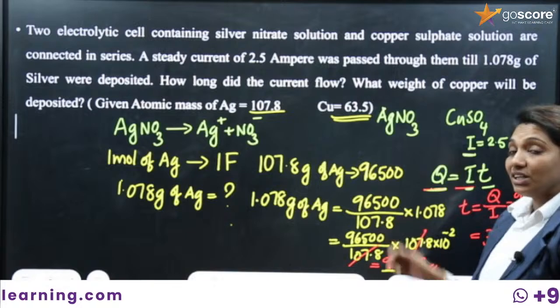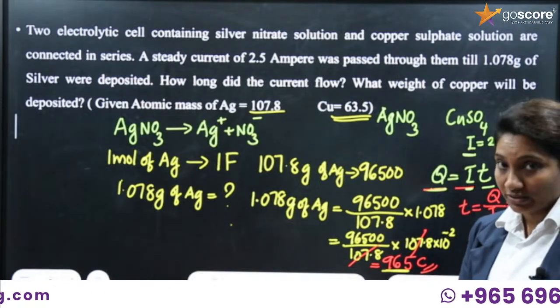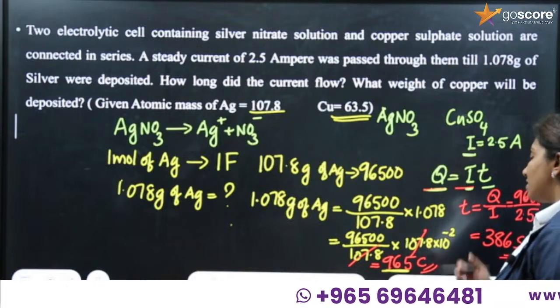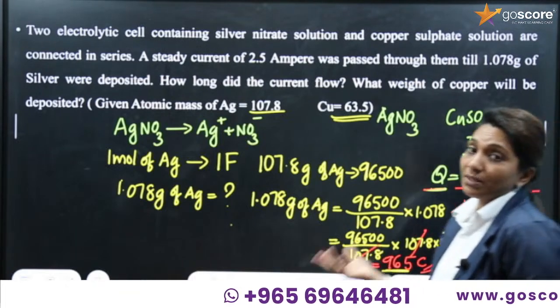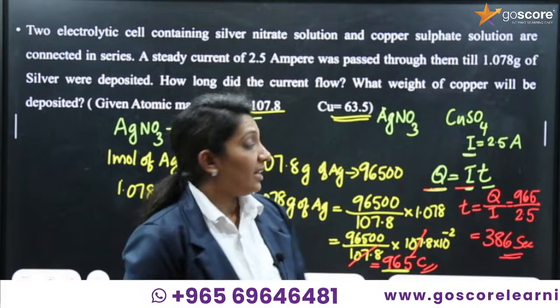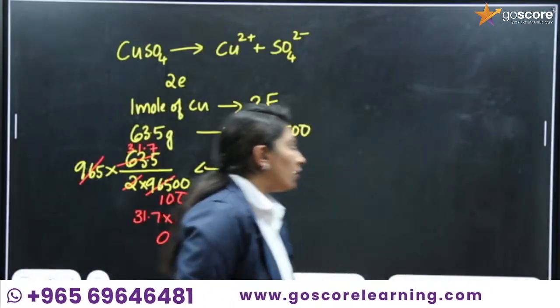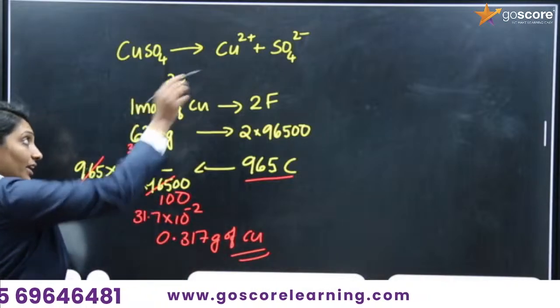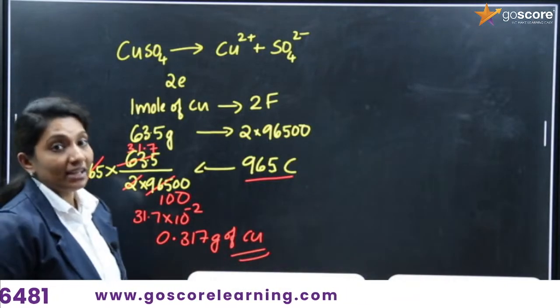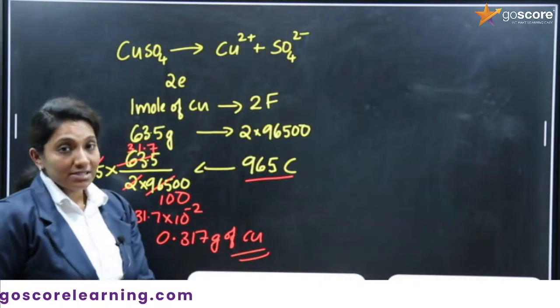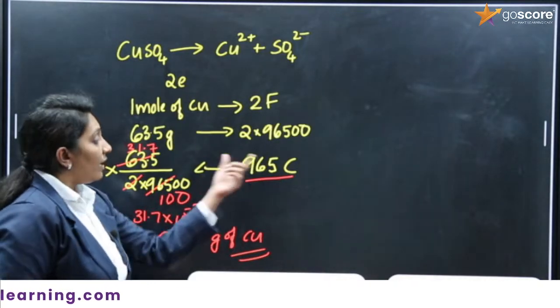You have to find out the time. For that, initially you have to find how much charge is used. That is what we are finding out here, 965 coulomb. Once you get this, simply by substituting in the equation, you can find out the time required. And for finding out the amount of copper deposited, write the equation first and find out how many electrons are involved. And here we are taking only 965 coulombs of charge, electricity.